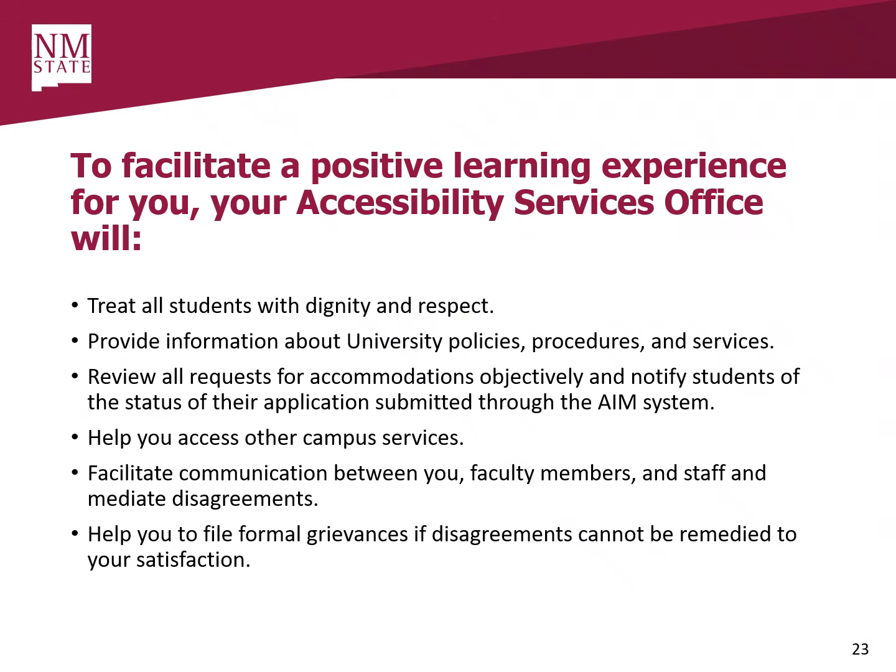To facilitate a positive learning experience for you, your Accessibility Services Office will treat all students with dignity and respect, provide information about university policies, procedures, and services, review all requests for accommodations objectively, and notify students of the status of their application submitted through the AIM system, help you access other campus services, facilitate communication between you, faculty members, and staff, and mediate disagreements, and help you to file formal grievances if disagreements cannot be remedied to your satisfaction.